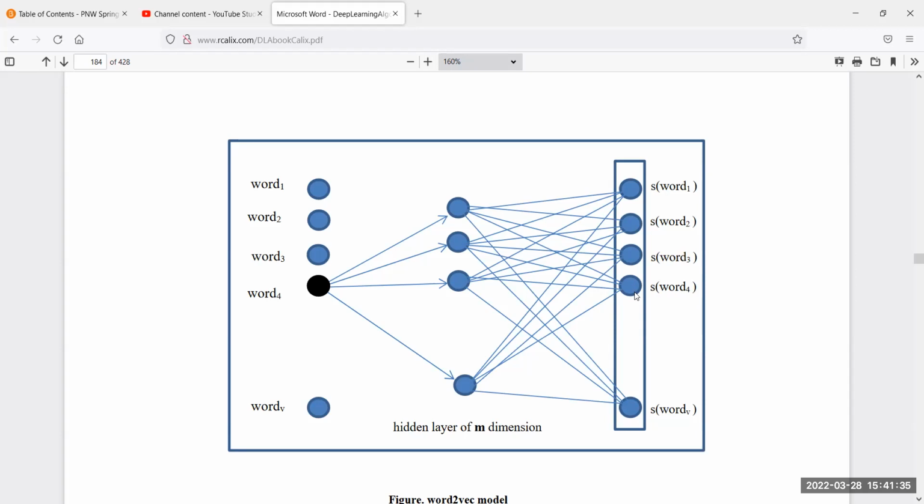And the way to do that is easy. You take a window of the words that are closest to our word in question from the text, and then randomly we pick words that are not close to it, and those become examples of where it's not similar. So then what the algorithm should do is for the words that are similar, it should give high probabilities, so high values here.